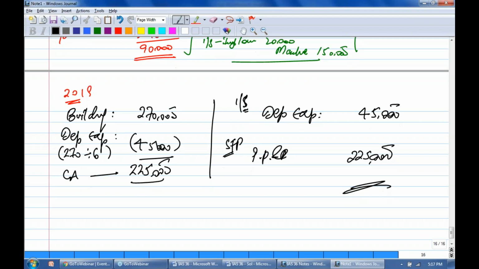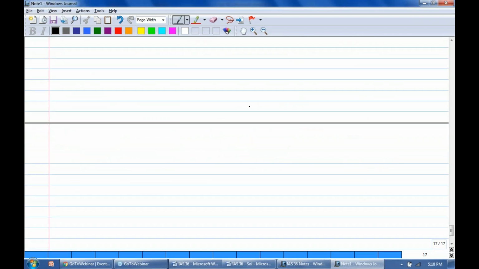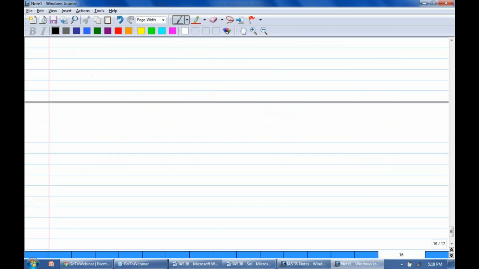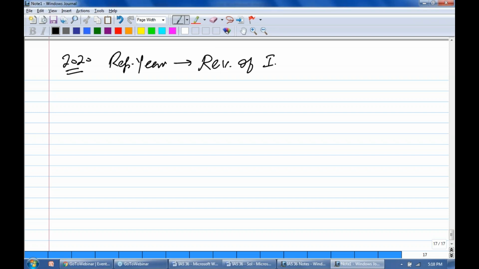Moving on. Now the aspect is about 2020. The 2020 reporting year, and showing some reversal of impairment.